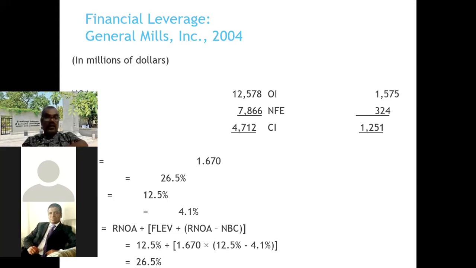Okay, ROCE 26.5. How do you get it? Net operating income divided by CSE. Yeah. What is the net operating income here? CI, that is comprehensive income or net income. So it comes to 26.5. Good. So straight away, these two things can be calculated.